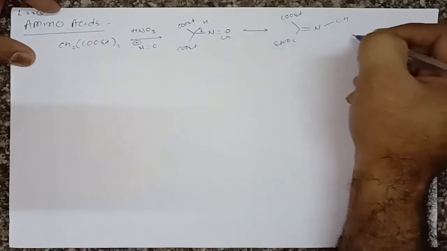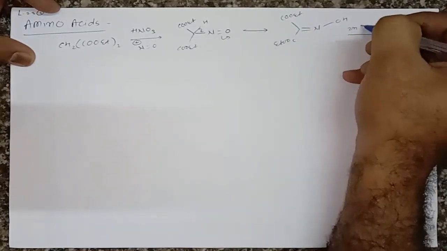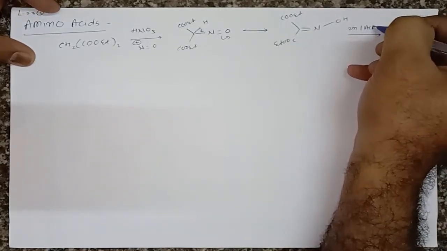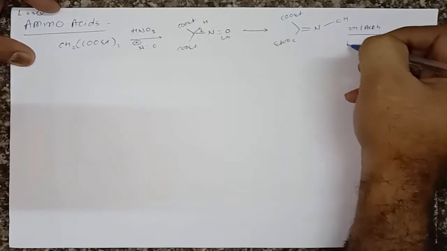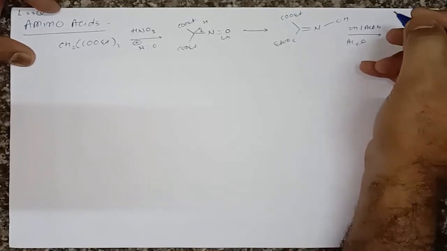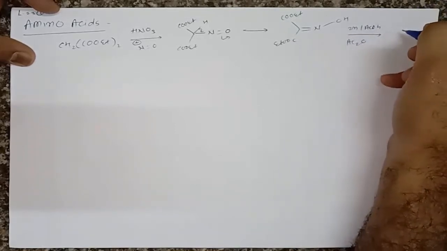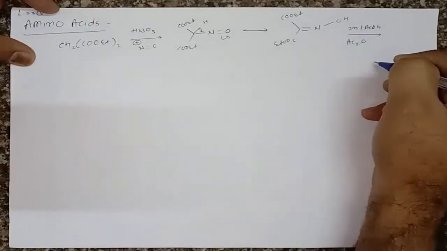When this oxime is reduced in the presence of zinc and AcOH or anhydride, that is Ac2O, so what does it give? It gives the formation of a compound.